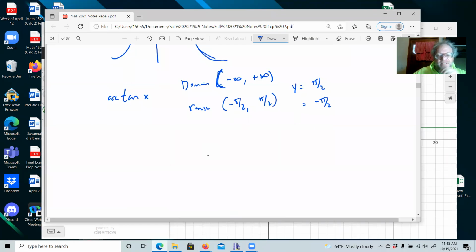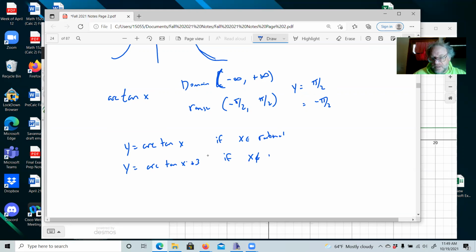We'd have to have something like, you're not going to like this. y is equal to arctan x if x is a rational number, and then y is equal to arctan of x plus, let's see, pi over 2 is about 1.7, so let's go to plus 3. So it's a vertical shift of 3 if x is not rational.